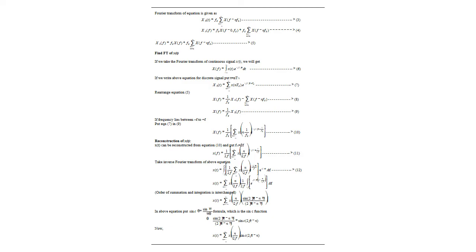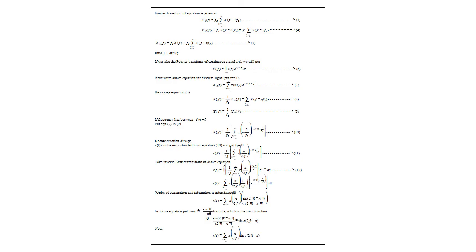When we take the inverse Fourier transform for the above equation, we will get x(t) is equal to the integral from minus infinity to infinity of 1 by 2f, summation n equal to minus infinity to infinity of x(n by 2f) e to the power of minus j pi n by f into e to the power of j 2 pi f t df.